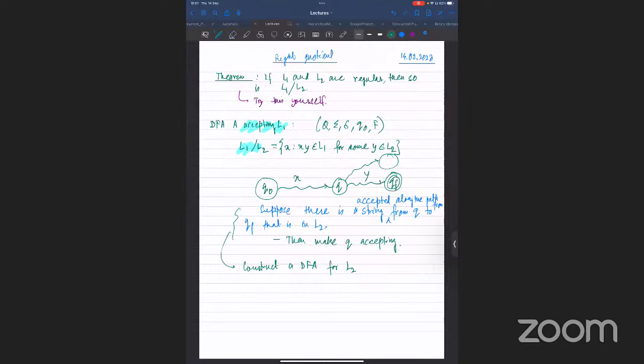So how are you going to do this? There can be infinitely many paths. That's true. So what can you do?